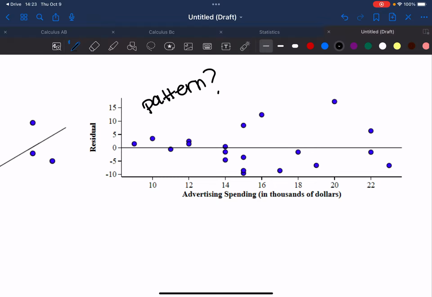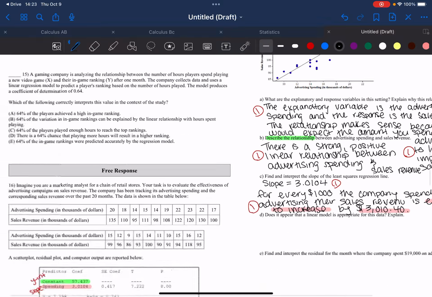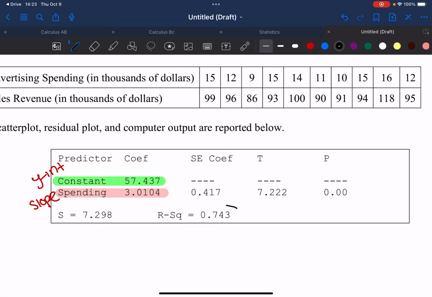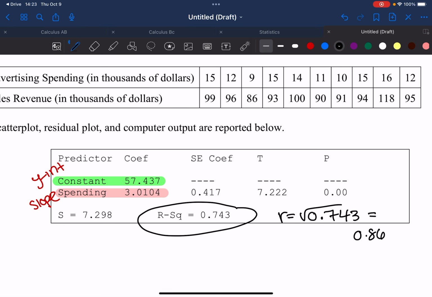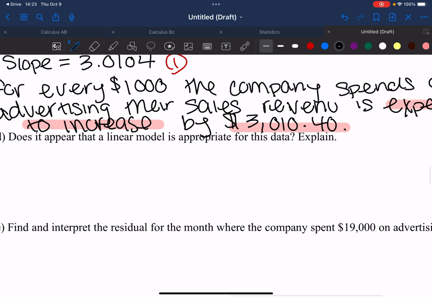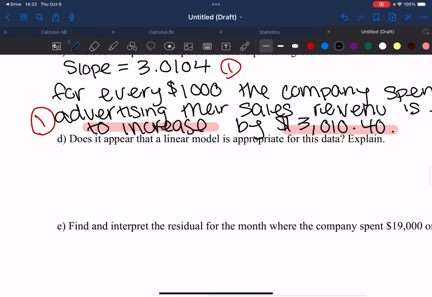If you say yes, then it's not appropriate. Another thing you could look at is your R value. So this is R squared, which means our R value would be equal to the square root of 0.743, which is equal to 0.862. However, it is not enough to indicate just the correlation value. You would have to describe the residual plot as well.